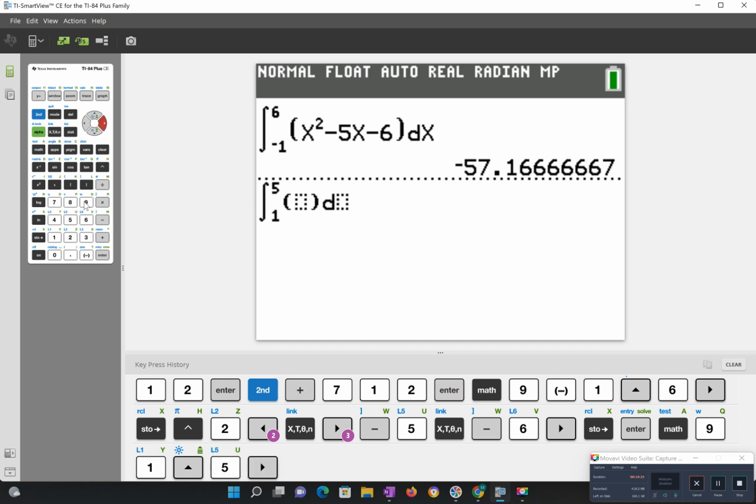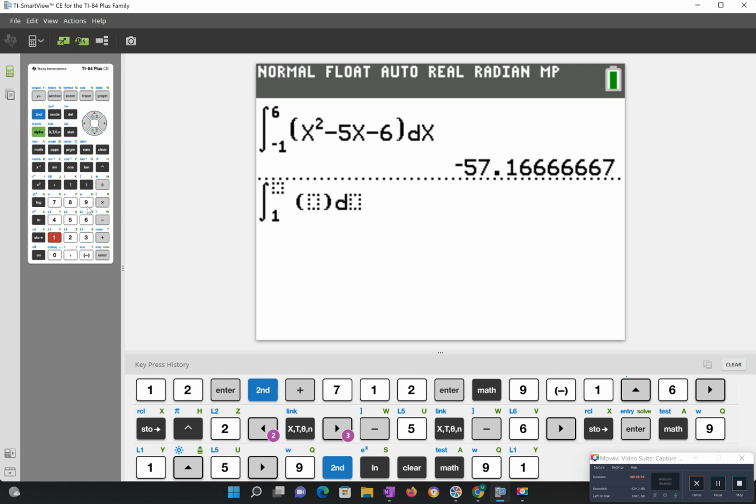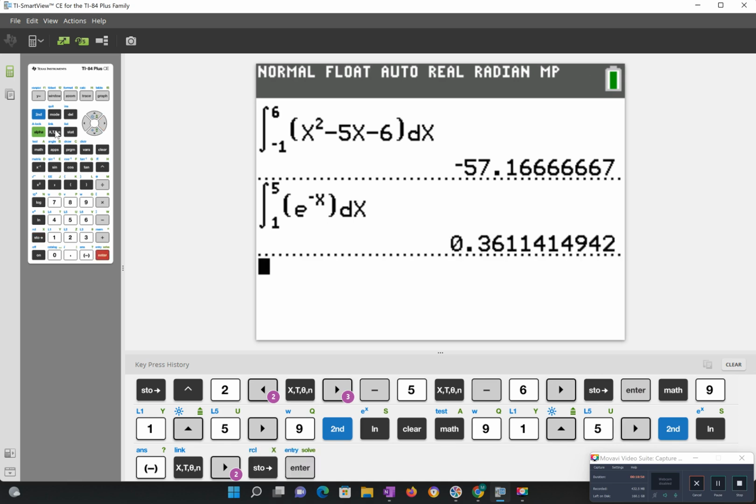And they're telling us that the function is e to the x, so e to the negative x. So I'm going to put integer x, negative x, and then come over to x. And about 0.36. About 0.36 should be your answer.